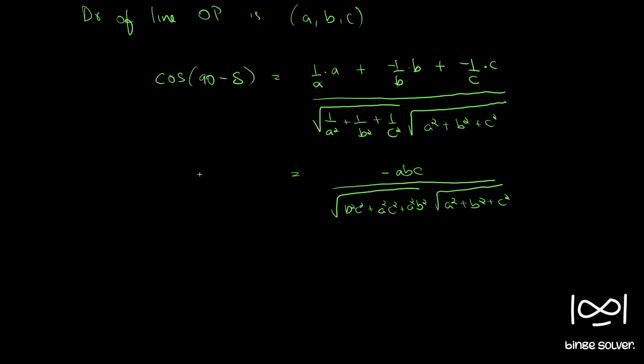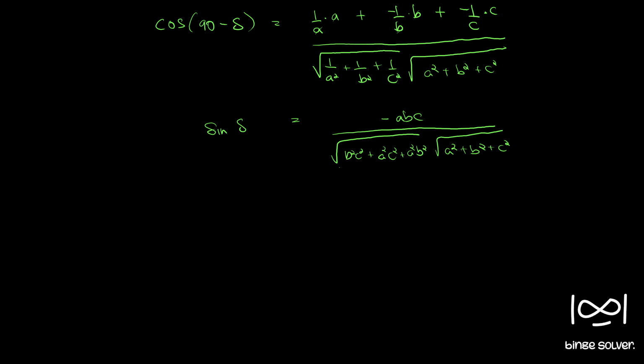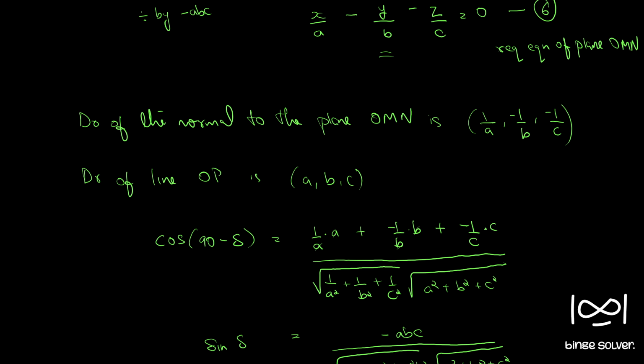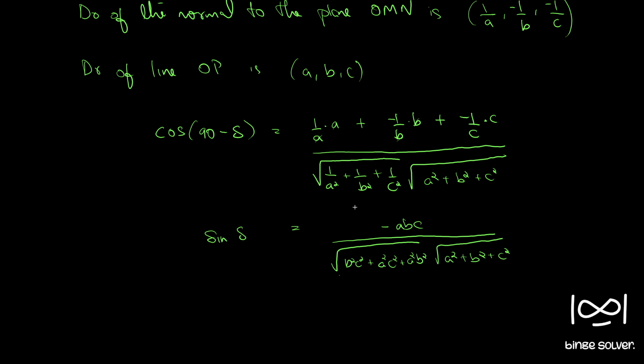What is cos of 90 minus theta? It is sine of delta. Cos of 90 minus theta is sine of delta. From this, we can ignore the negative since we are only taking the acute angle. 90 minus theta will be an acute angle, so we can ignore the negative sign here.